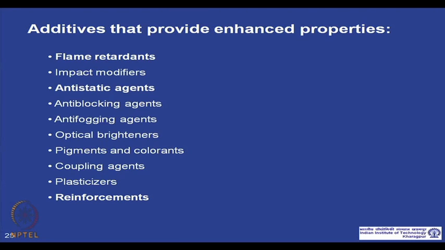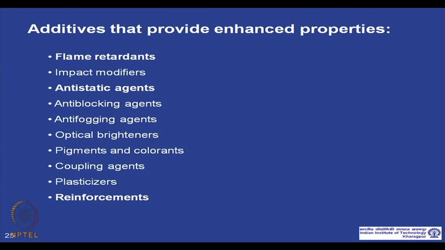Impact modifiers, anti-static agents, anti-blocking agents, anti-fogging agents, optical brighteners, pigment colorants, coupling agents, plasticizers, reinforcement. So many things can be added to enhance the property, and obviously you cannot add all of these to every polymer, and it depends upon the final application.